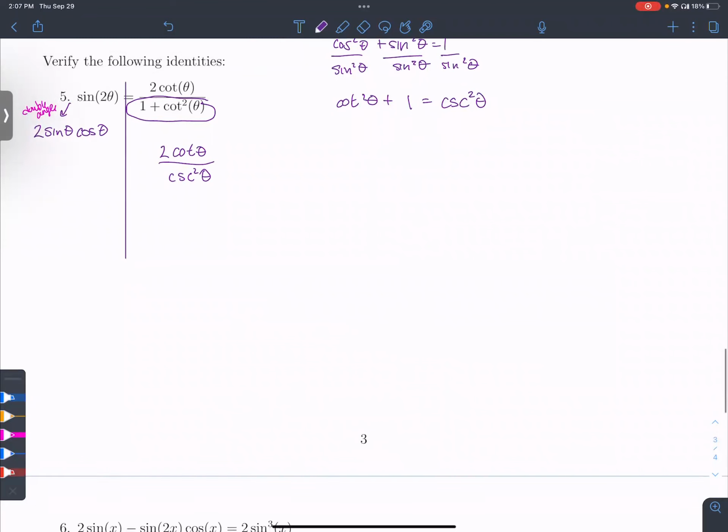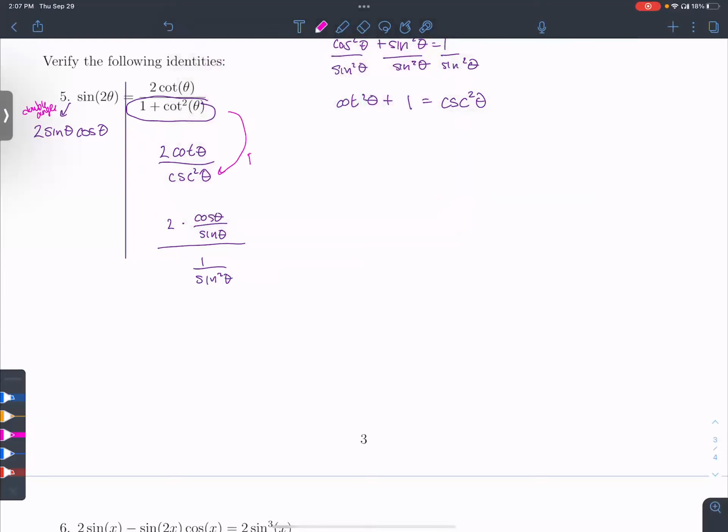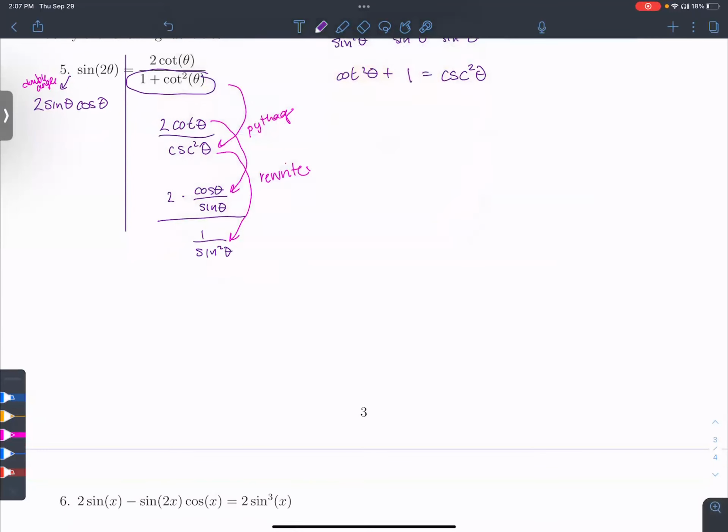Okay, so I'm going to keep going. 2 cotangent of theta is cosine of theta over sine of theta. And then this is divided by 1 over sine squared. So just rewriting these in terms of sine and cosine. Okay, and then I'm going to keep change flip.